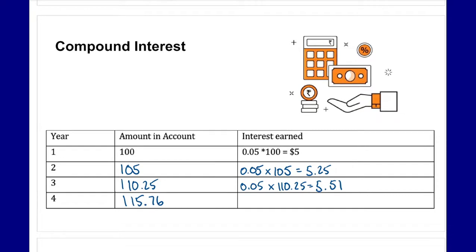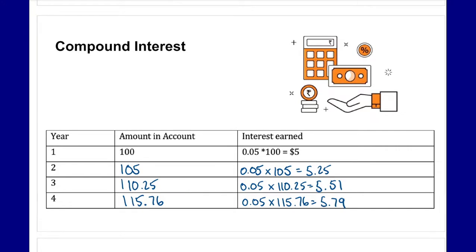That means in year four, we have $115.76. And again, in year four, we would earn 5% on the new amount because it's the principal amount plus the accumulated interest. So 5% times 115.76. And in that fourth year, we would earn $5.79.